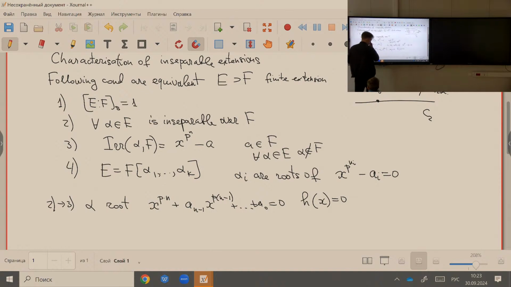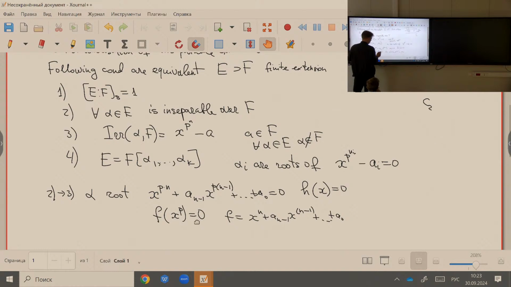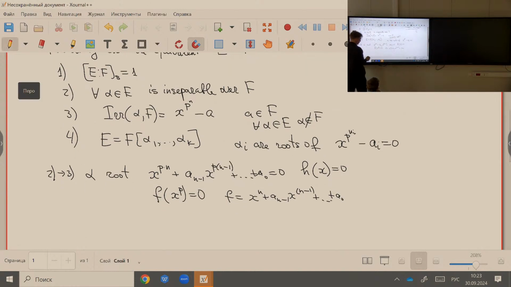But then you can write down this polynomial as f of x to the power p equal to 0, as we have done it, where f is just x to the power n and where you do the reduction, so you just divide by p all the powers of x. Notice that here, if you have an element which is a root of h, then alpha^p is of course also an element of E.